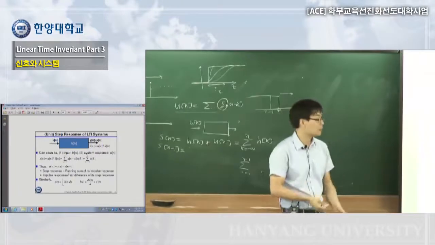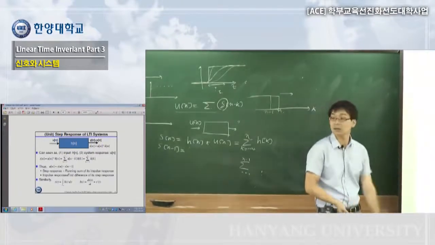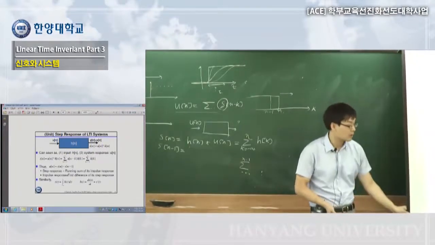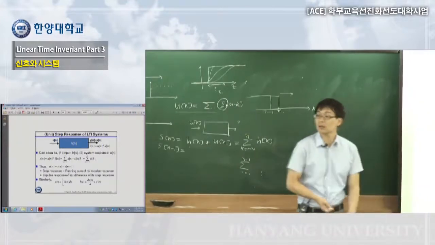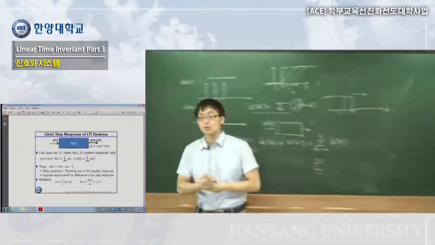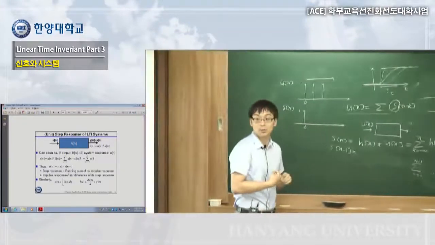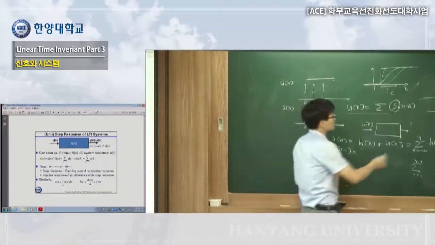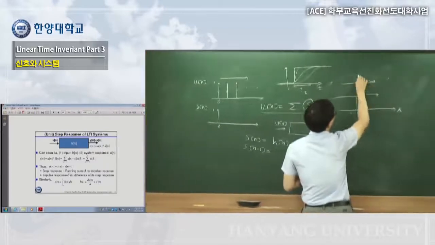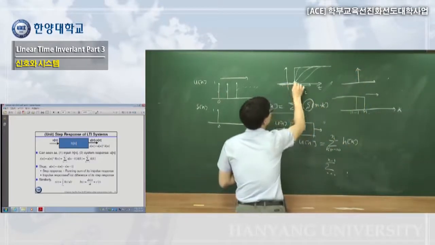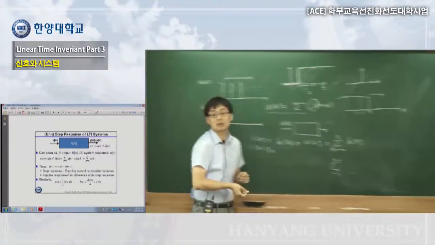Step, because we will either hit it, this impulse, or we give an input like this. That's how we typically and generally give an input to a system. What is it? There will be either impulse or step input.